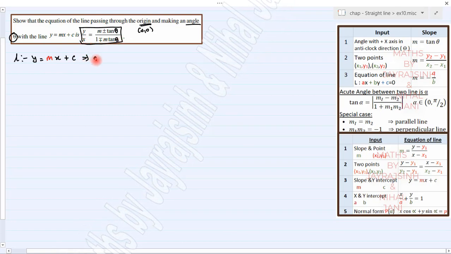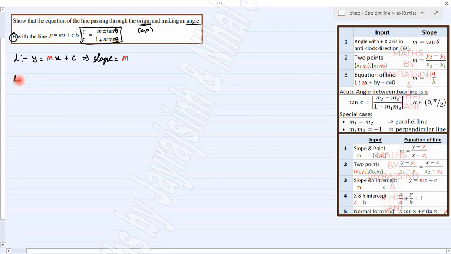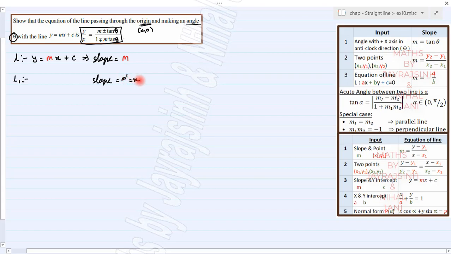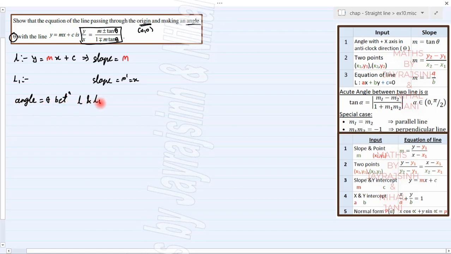First of all, we will find out the slope of this line, which is m. Now, your unknown line is, let's say, L1 having slope m dash is equal to x, and we have angle theta between line L and L1.